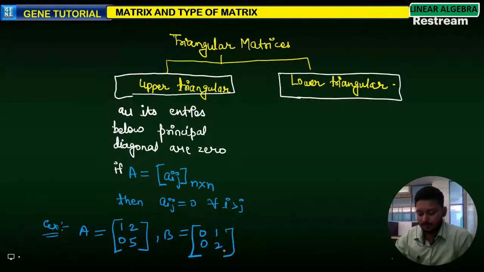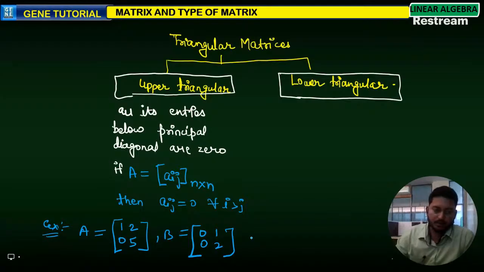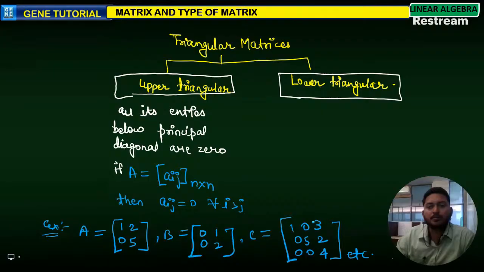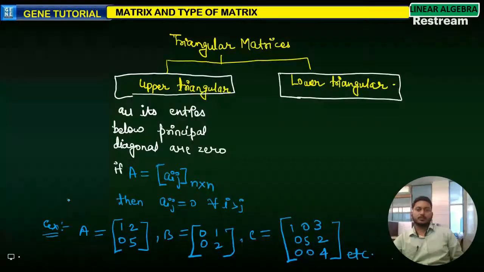And for 3 cross 3 matrices, take entries 1, 0, 3, 2, 0, 0, 4. This is an upper triangular matrix where all entries below the principal diagonal are 0.